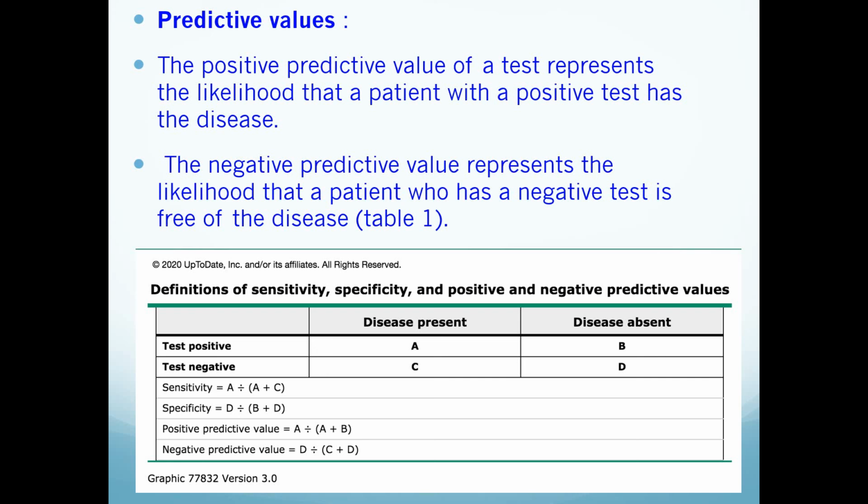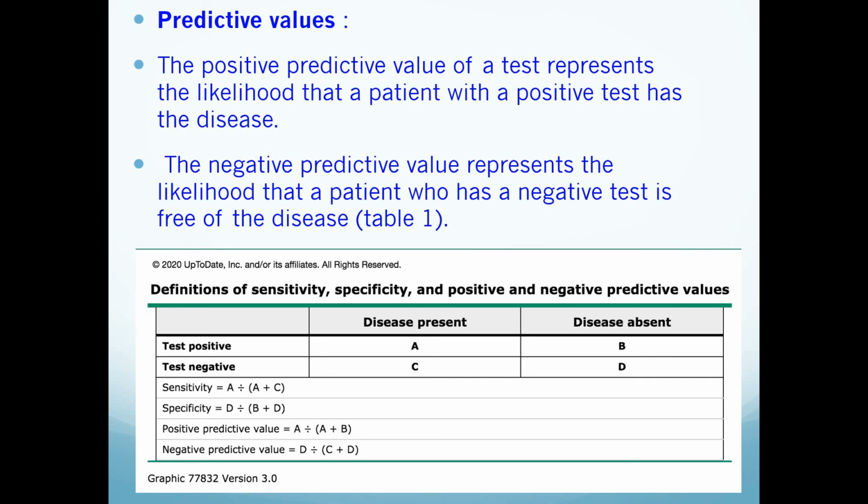The test turns out negative, and we tell the patient that she does not have syphilis, and then she turns out to have syphilis. So negative predictive value tells you that a negative patient is truly negative, whereas positive predictive value tells you that a positive test means you have the disease.